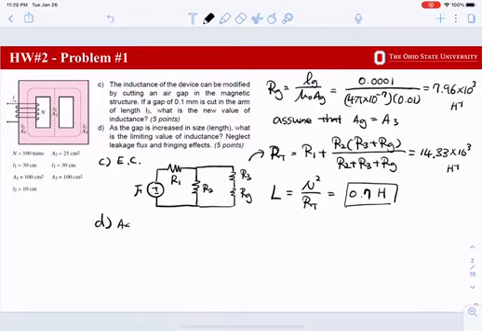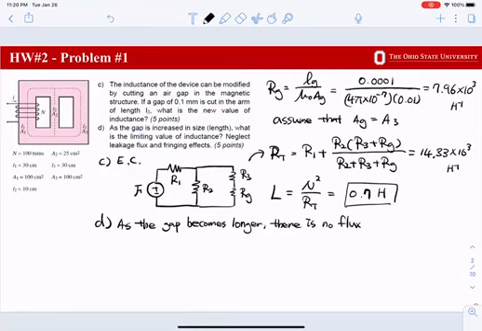So as the gap becomes longer, that means there is no flux. This is an extreme case.